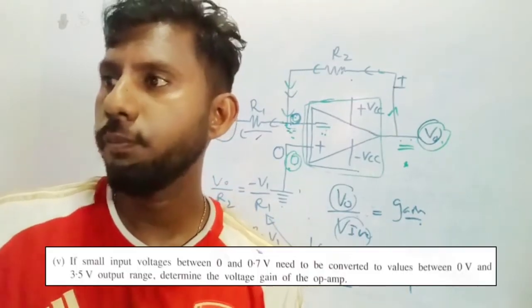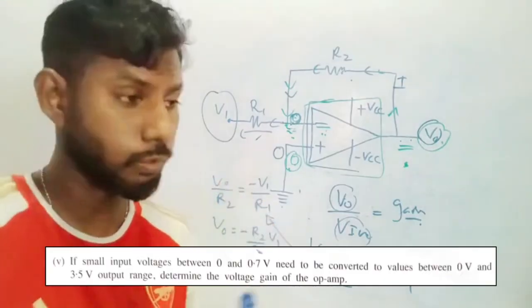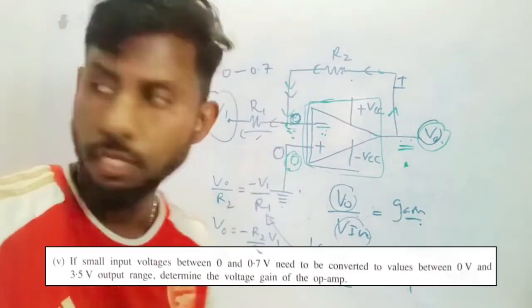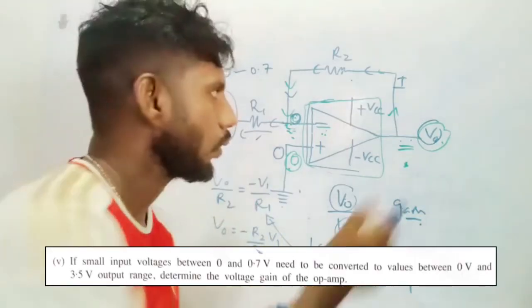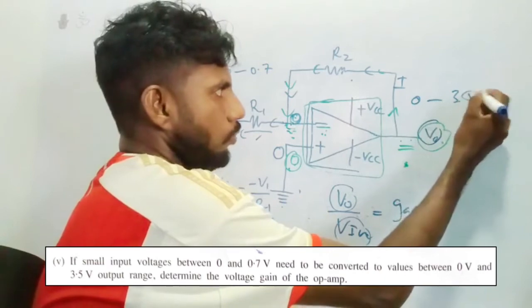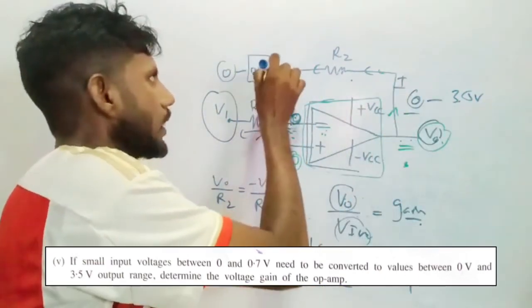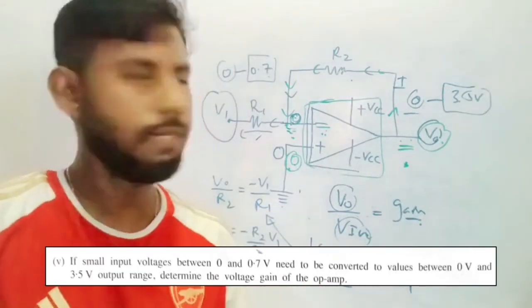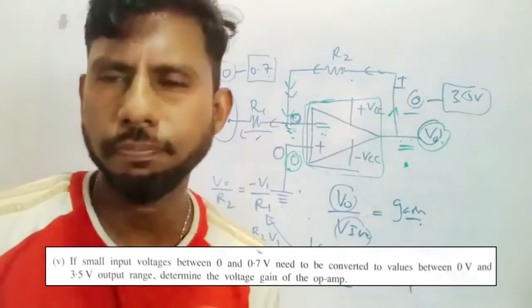If the small input potential is between 0 and 0.7, so the input value Vi can be 0 to 0.7, and the output has to be between 0 and 3.5. We don't have to worry about 0, we should increase from 0.7 up to 3.5. So 3.5 divided by 0.7 will be 5.